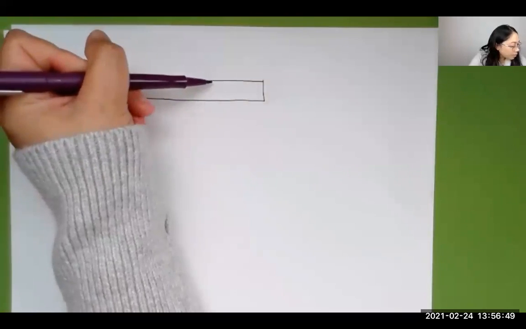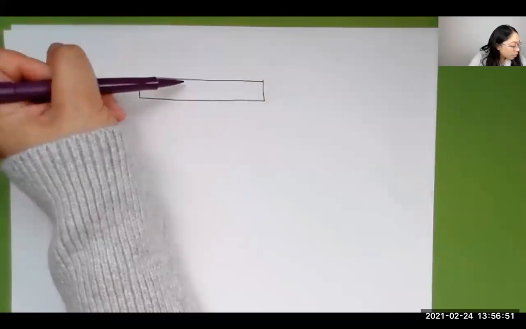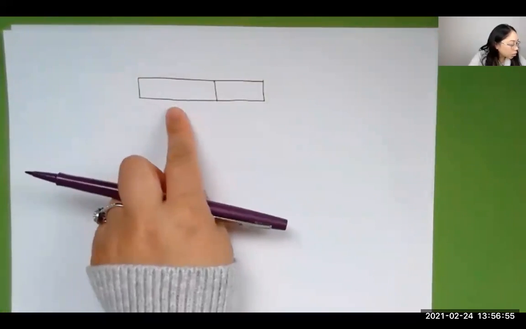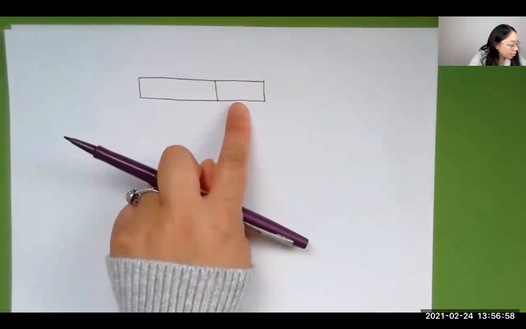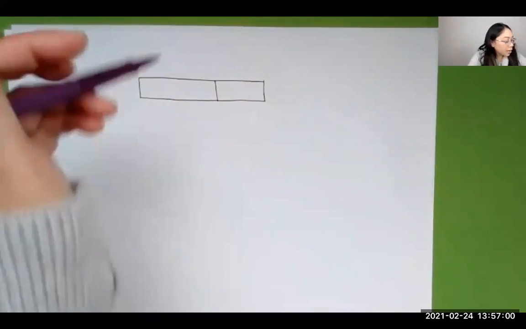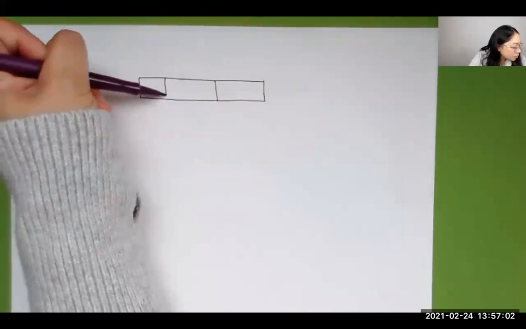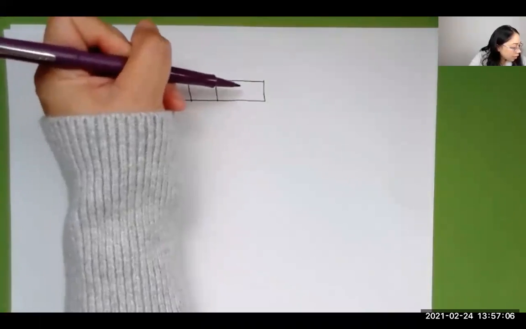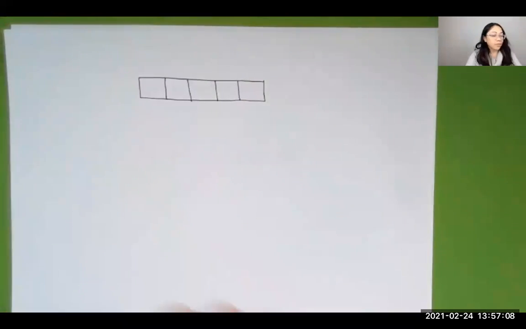I split it where this one is going to be larger than the second part. I then take the larger part and split it into thirds. And then this part I split in half. And now I have 5 parts that are as equal as I can possibly make it.